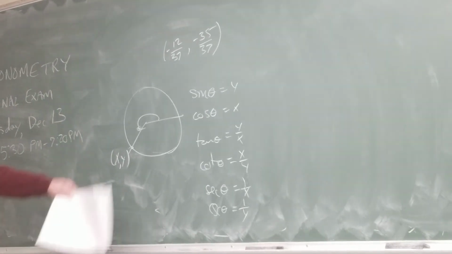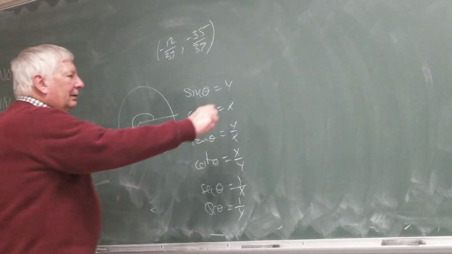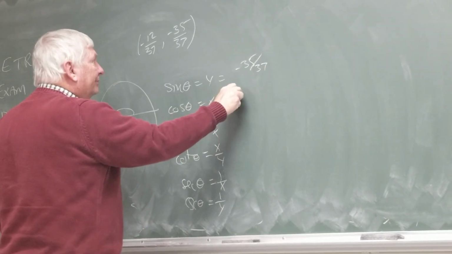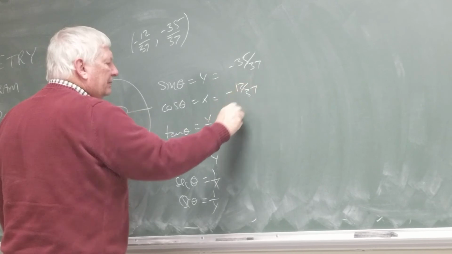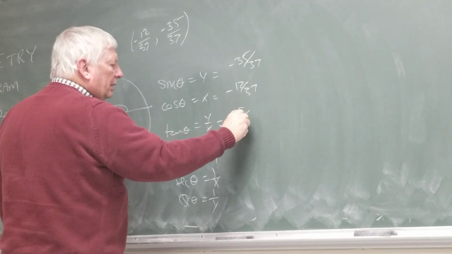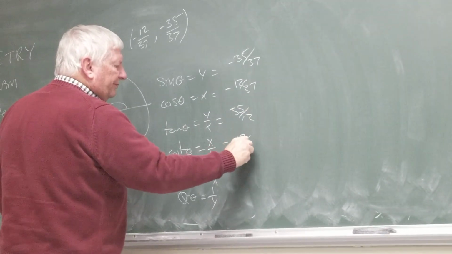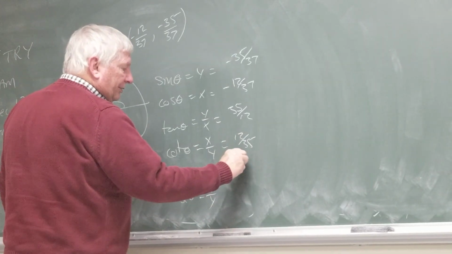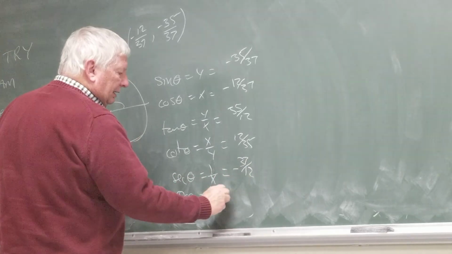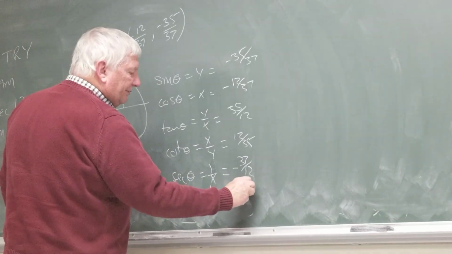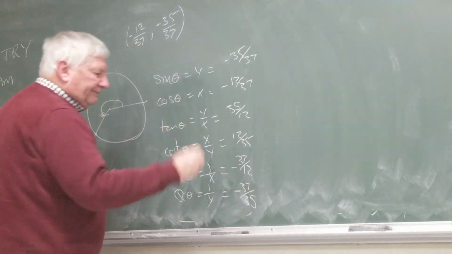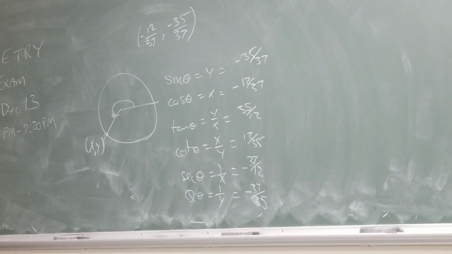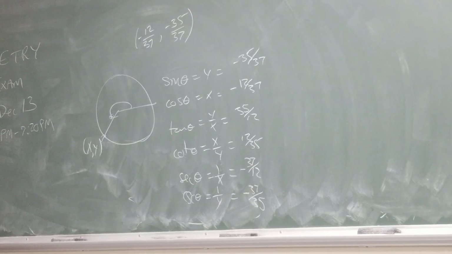So in our case, with these values, this is negative 35 over 37, this is negative 12 over 37, this is 35 twelfths, this is 12 35ths, this is negative 37 over 12, and this is negative 37 over 35. Which now brings us to test 2.